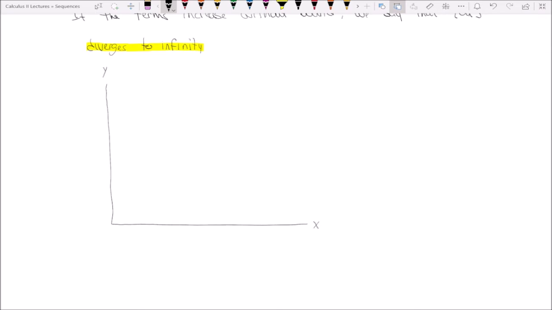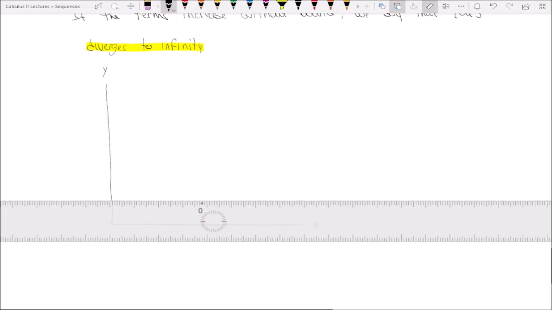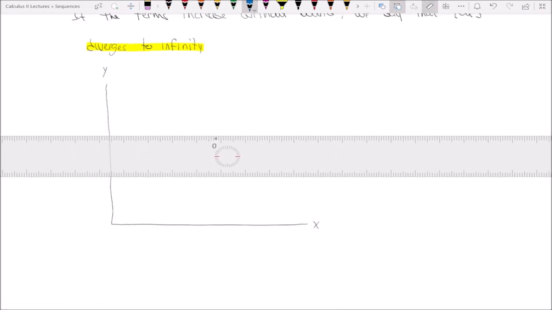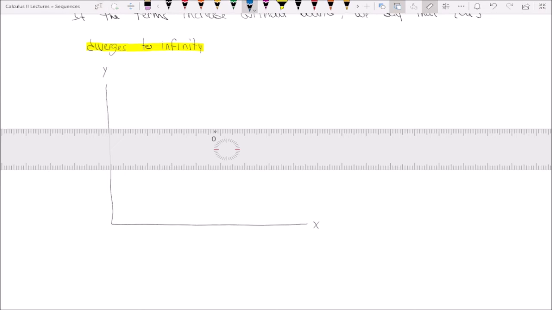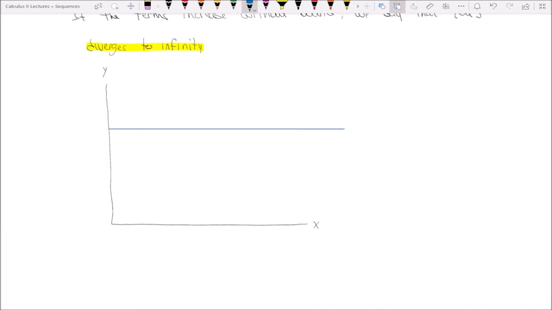Right, so here we have a coordinate system, and let's say this line right here is going to represent the value L. And now let's make this our limit, or our sequence.